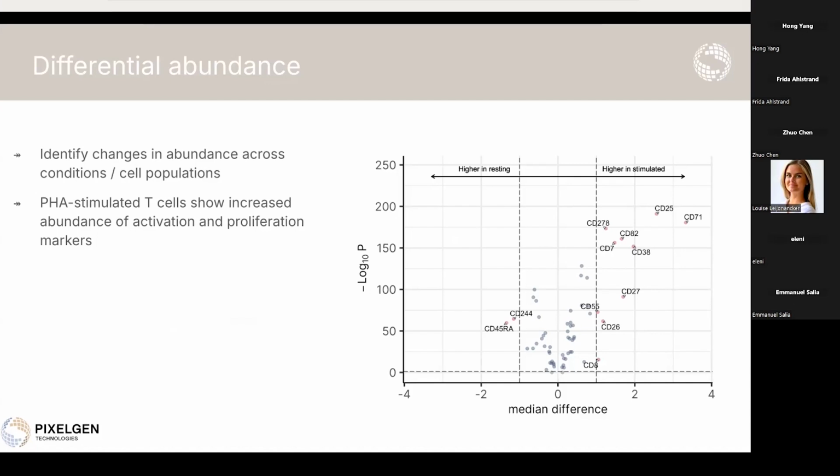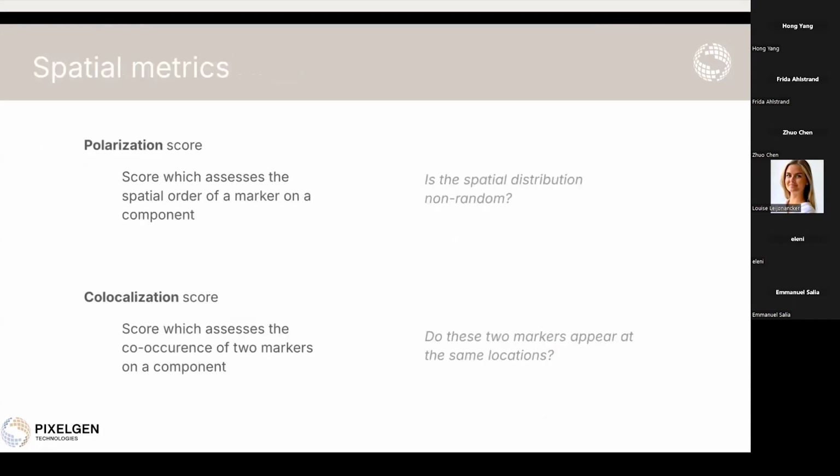Here we've plotted the results using a volcano plot that shows us on the right-hand side the proteins that become upregulated after stimulation, and the negative side shows the ones that are actually upregulated in the resting cells. So we're able to easily visualize the differences between the two conditions using that plot.